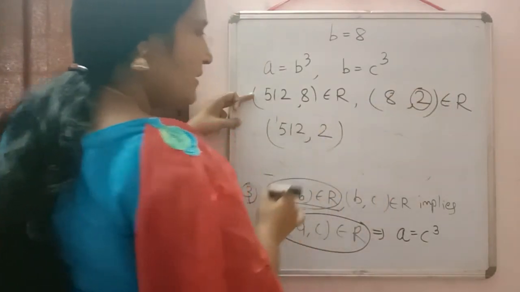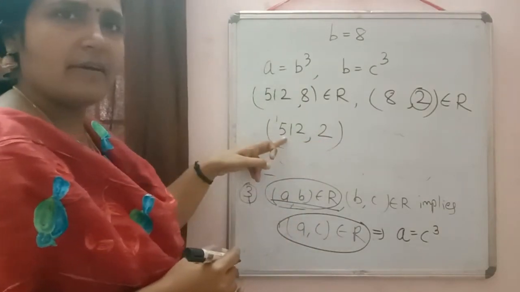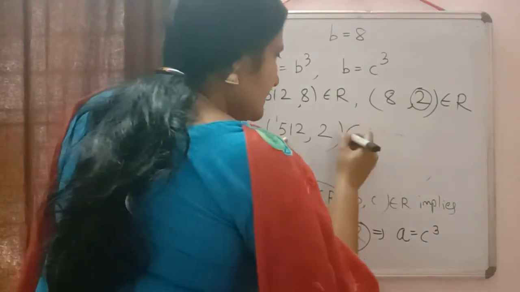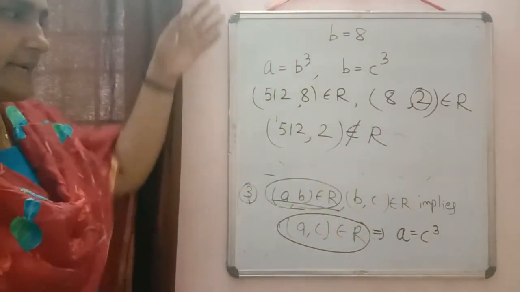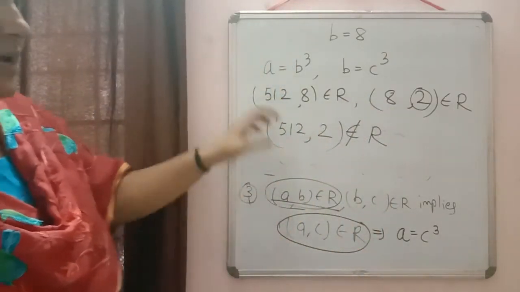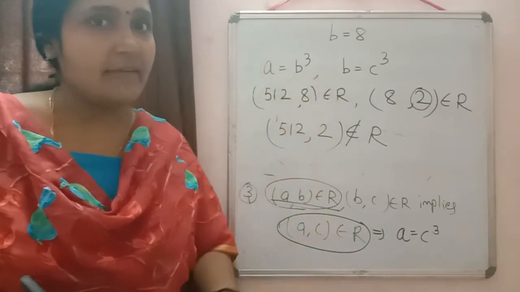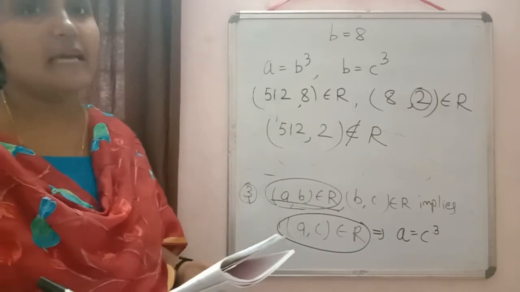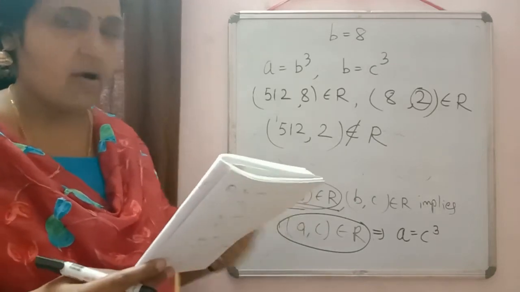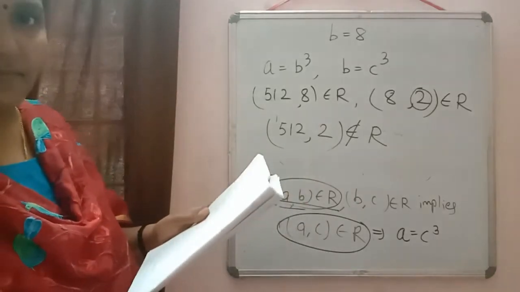So is 2 cube equal to 512? No. So this does not belong to R. So R will not satisfy any of the properties according to the rule which is given. What is the rule given? The first element is the cube of the second element. So all these are not true.